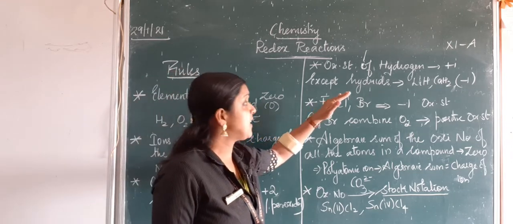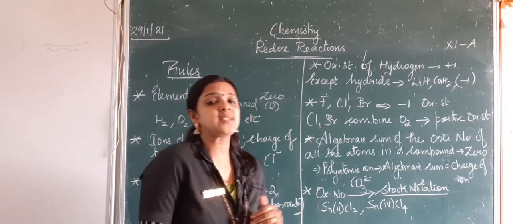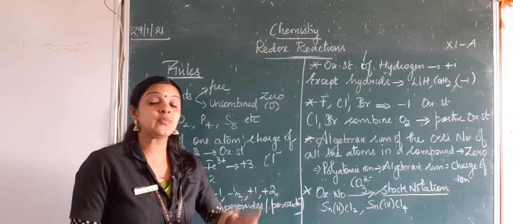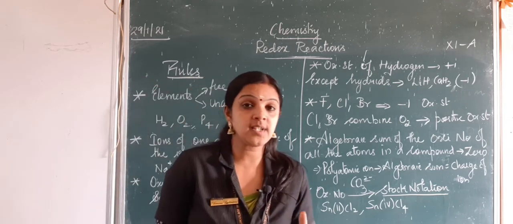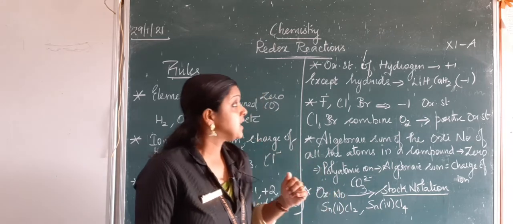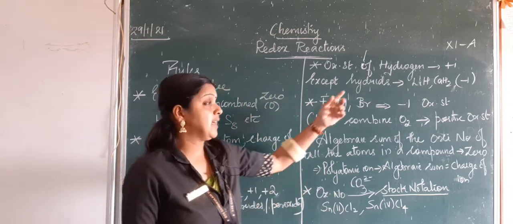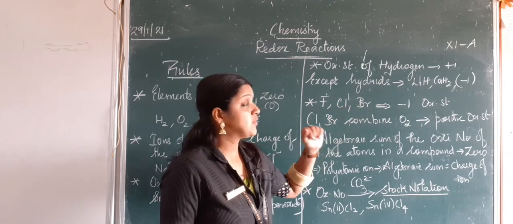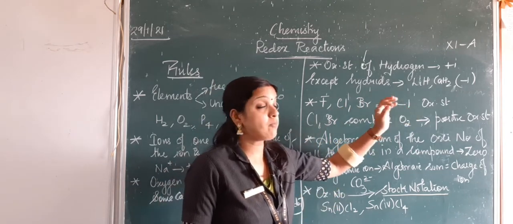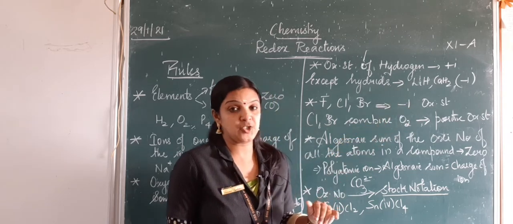Similarly, hydrogen's oxidation state is always +1, being an electropositive element. But hydrogen can combine with metals like lithium, calcium, barium, magnesium, to form hydrides. When it combines with metals to form hydrides, hydrogen bears a negative oxidation state.